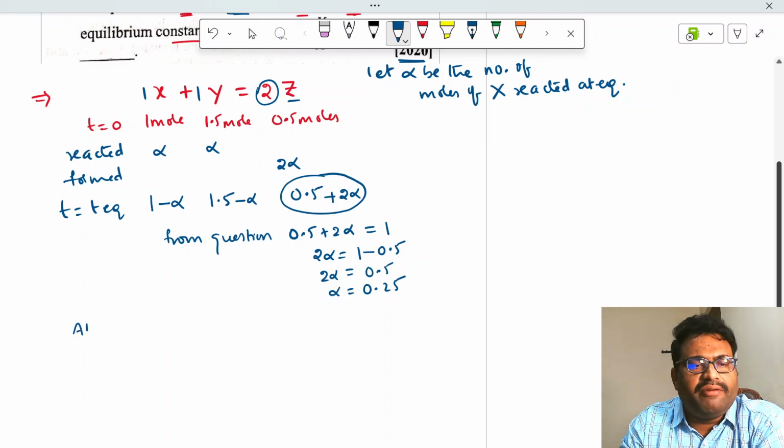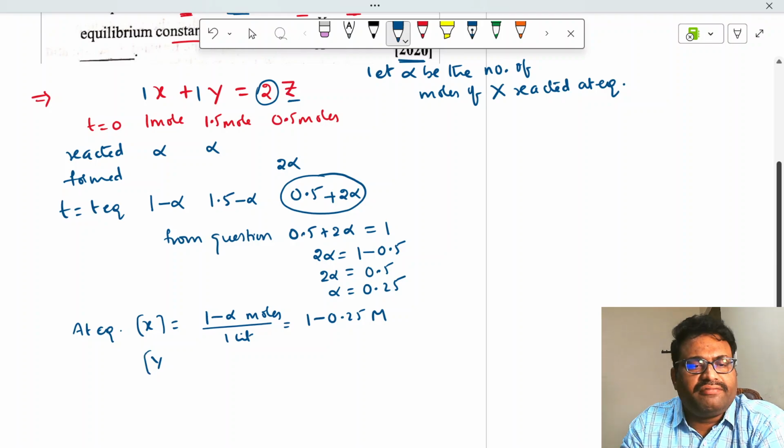So at equilibrium, the concentration of x is equal to 1 minus alpha moles by 1 liter, that is 1 minus 0.25 moles per liter.